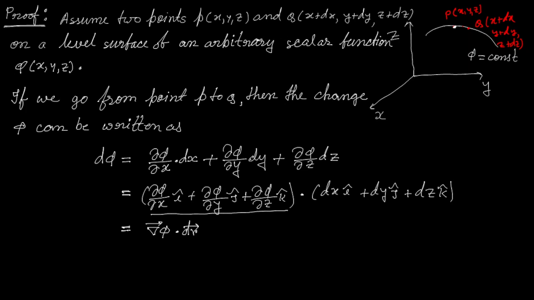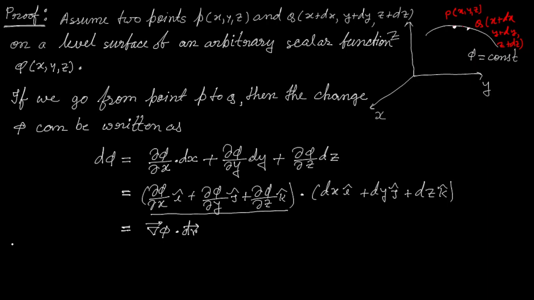And according to the definition of a level surface, phi is supposed to be constant over this surface. That means if we measure the value of phi at point P, and then at point Q, both should have the same value. So the change of phi must be 0.